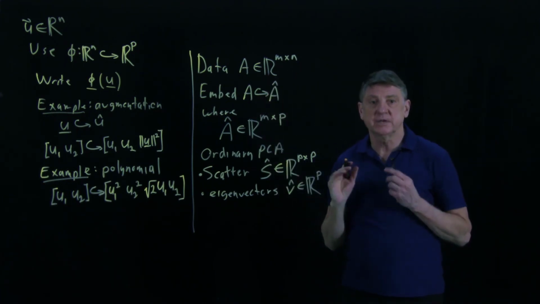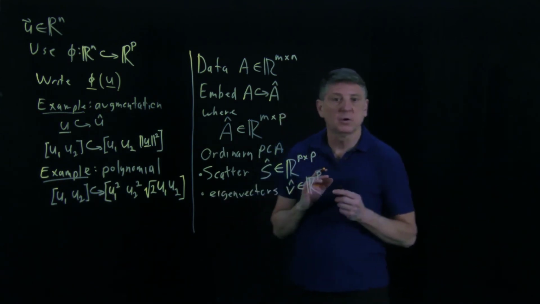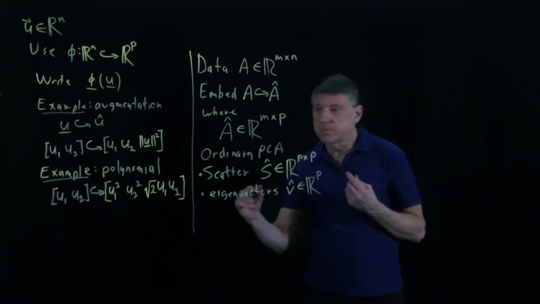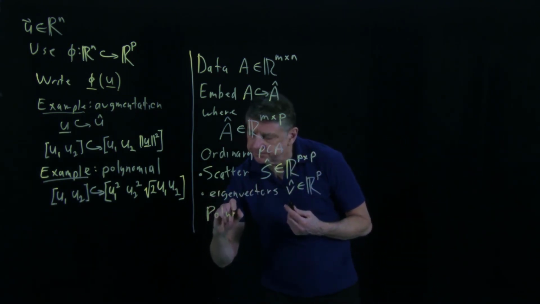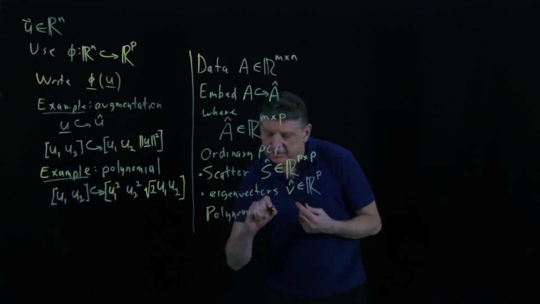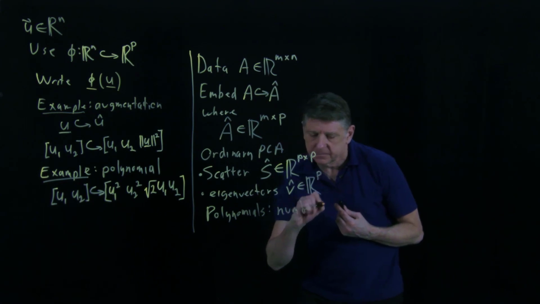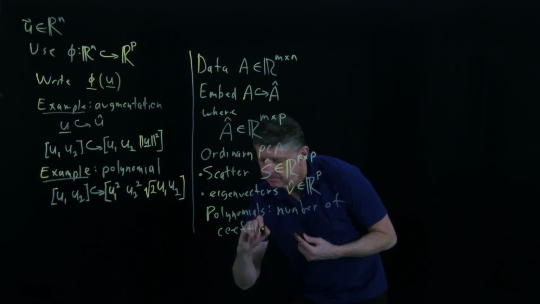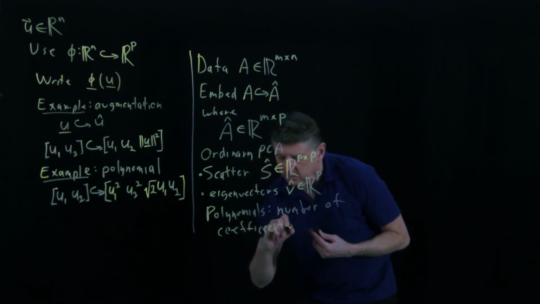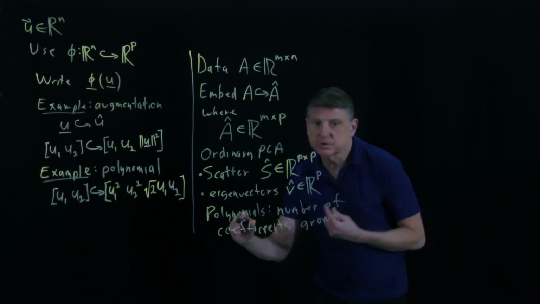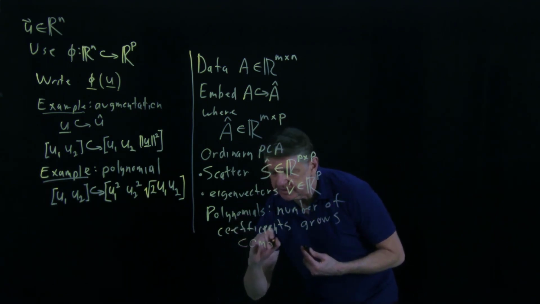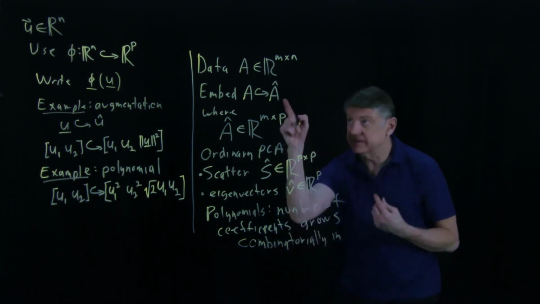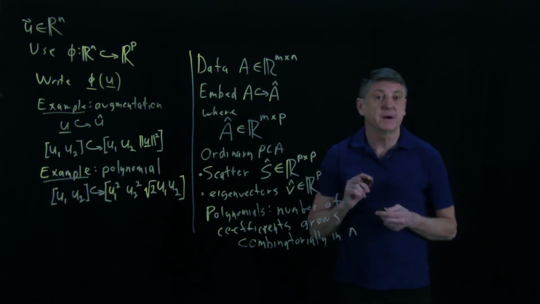And then there is another problem, which is, if we recall from basic algebra, where we were working with polynomials, the number of coefficients grows combinatorially in the number of variables that we have.